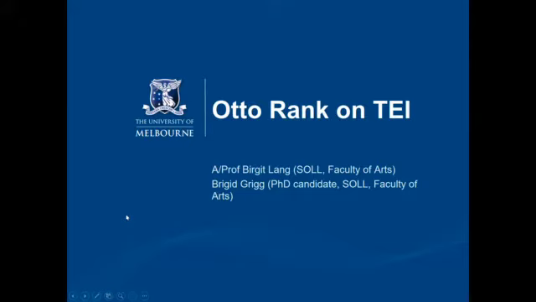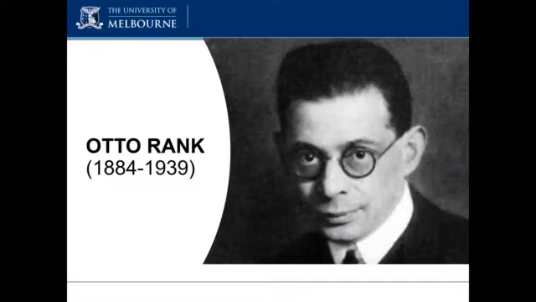Otto Rank, most of you won't know him. He is one of the early disciples of Freud. He was one of the first key collaborators of psychoanalysis, and probably the person most important to engage with the psychoanalytic analysis of literature and myth.